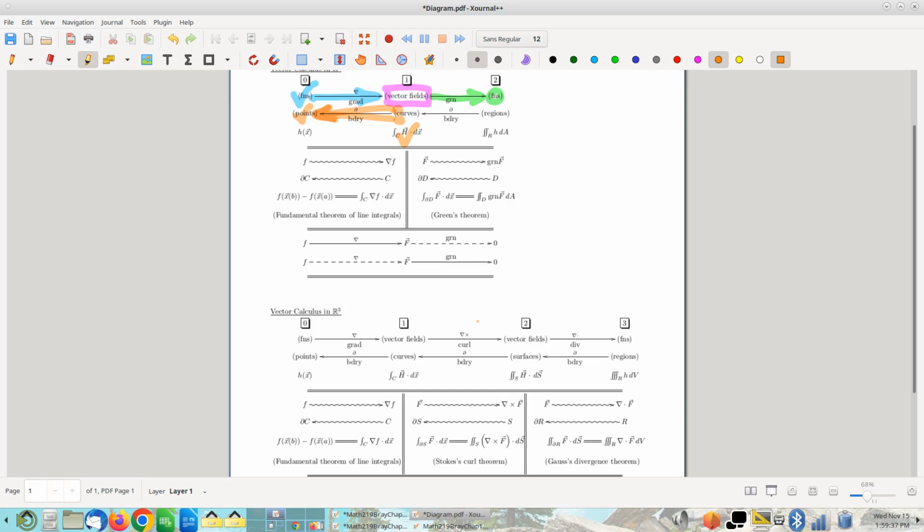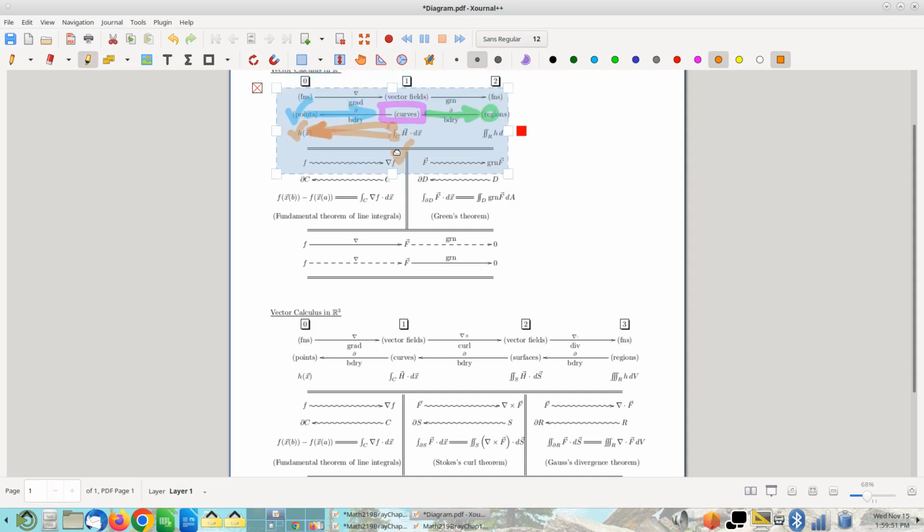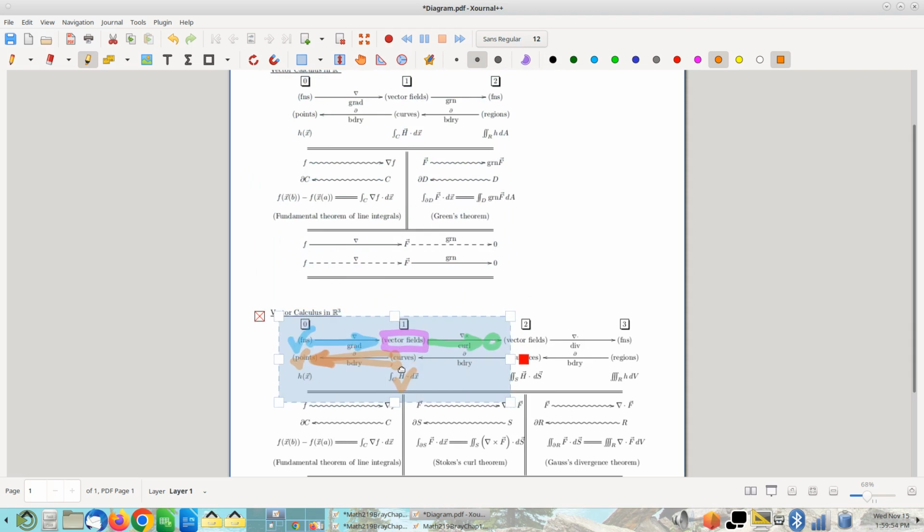So for the same reasons that we have a structure we write things in that way, we're going to do it in this way down here. This pattern in 2 dimensions also works in 3 dimensions with the exact same pattern.